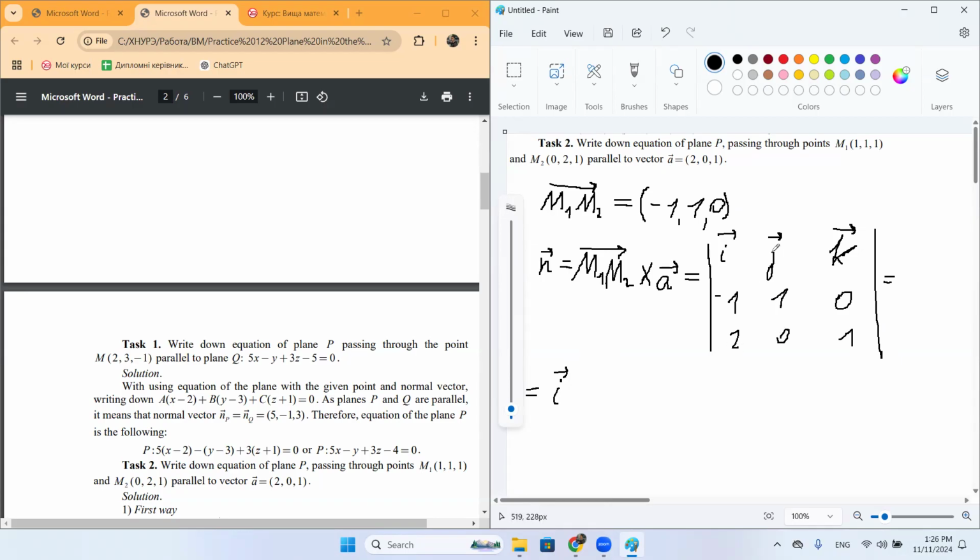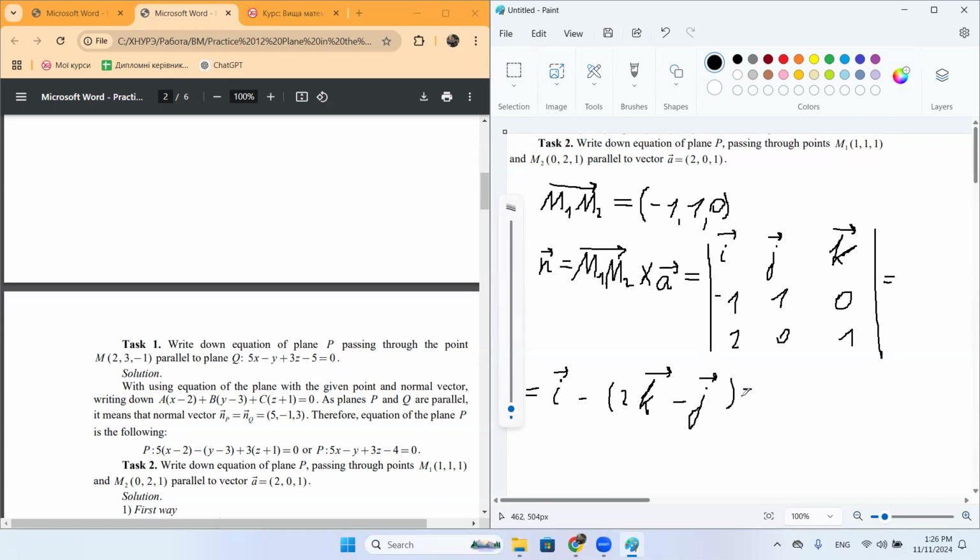Okay, so calculating. 0 here, 0 here, minus 2k. So 0 for i, and minus j.